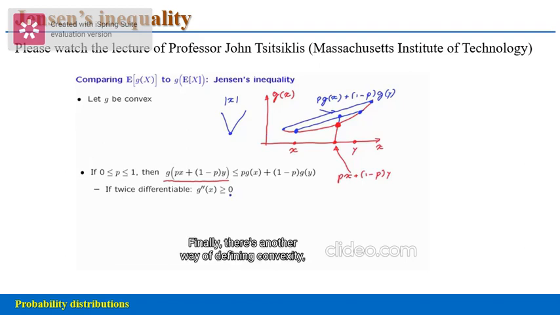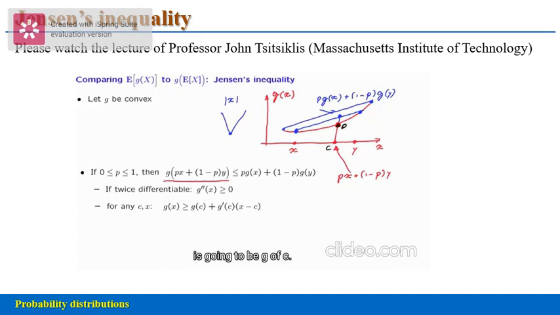Finally, there's another way of defining convexity, and it is the following property, again for differentiable functions. What it says is the following. If I fix a certain point c, let's say, to use the same diagram, let's say that this is c. This value here is going to be g of c.